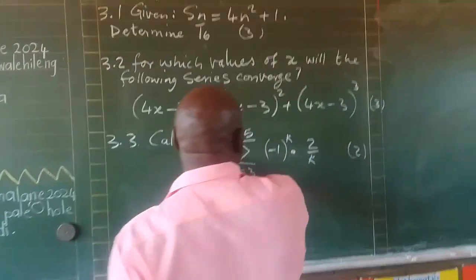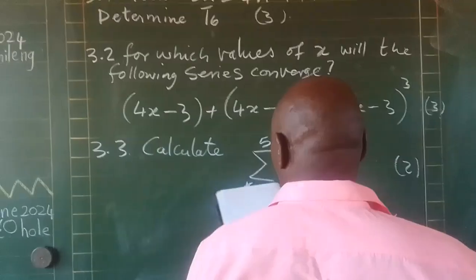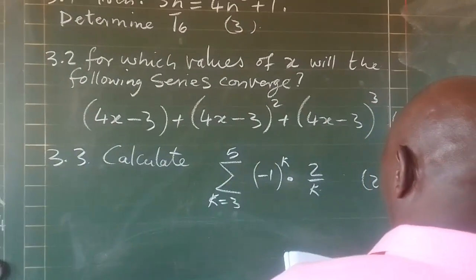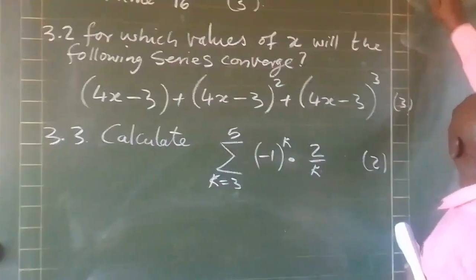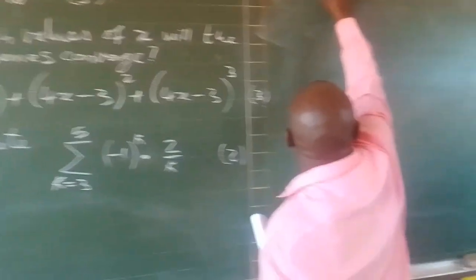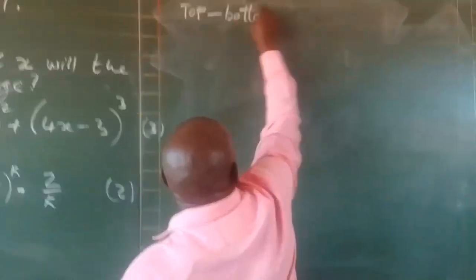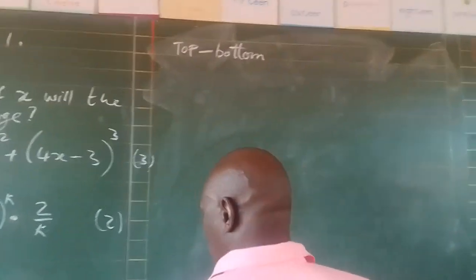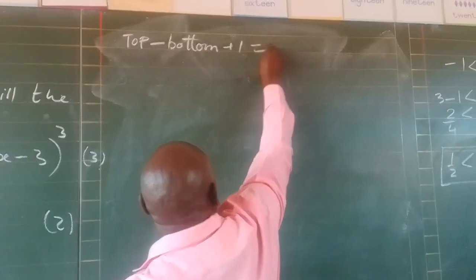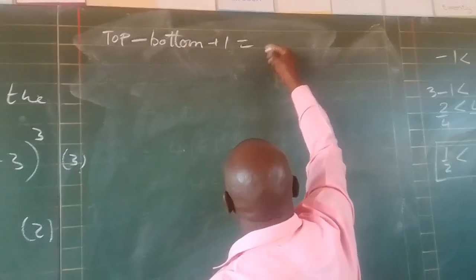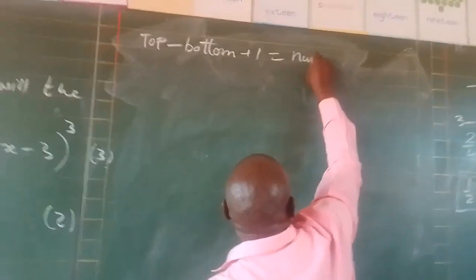So they say here calculate the sum. In order for us to be safe, here is just to show you how to do it. You say top minus bottom plus 1 must give you the number of terms.